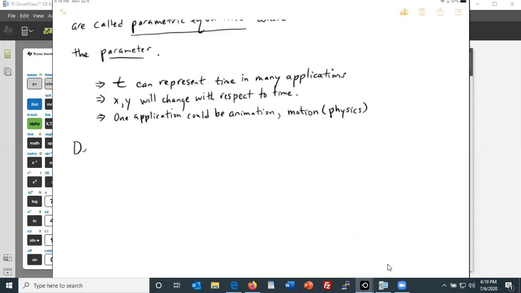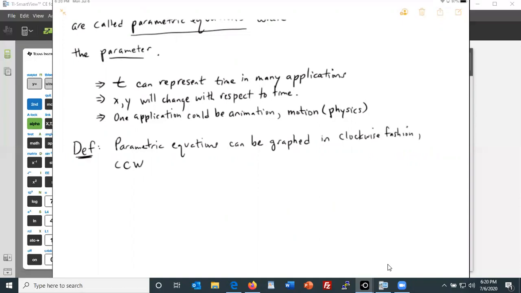All right, so definition. Parametric equations can be graphed in clockwise fashion, counterclockwise fashion, CCW, counterclockwise.